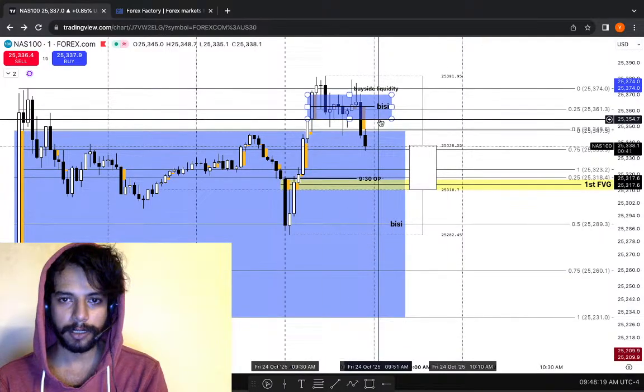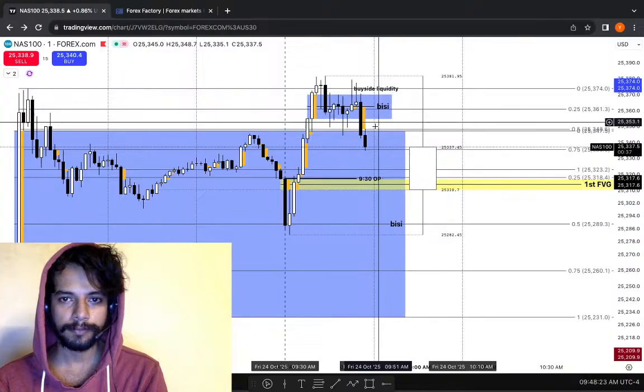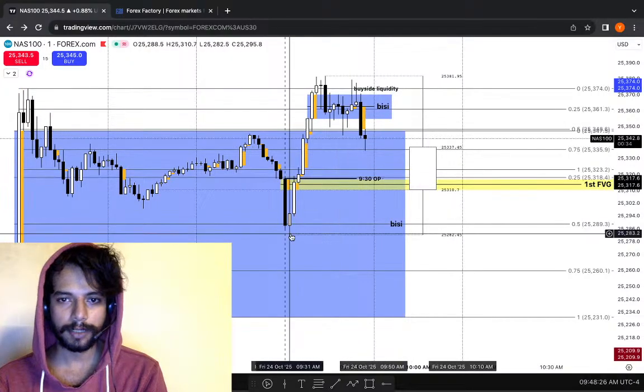Looks like it, they are going to take out this sell side liquidity.